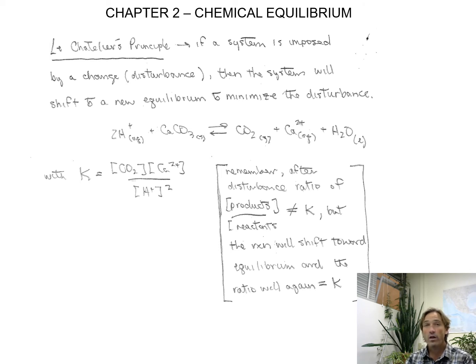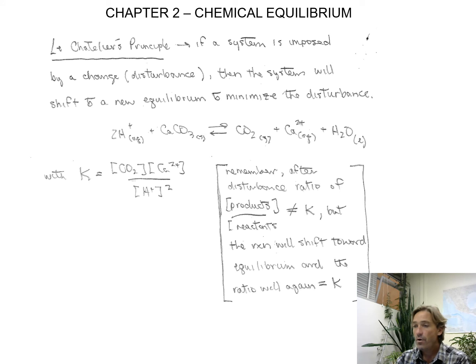It's a much more qualitative approach, and it allows us to look at a system, see where we're at in terms of the position, and ask ourselves how a disturbance or a change will affect the equilibrium position. And so again, what Le Chatelier said is that if a system is imposed by a change or a disturbance, then the system will shift to a new equilibrium to minimize that disturbance.